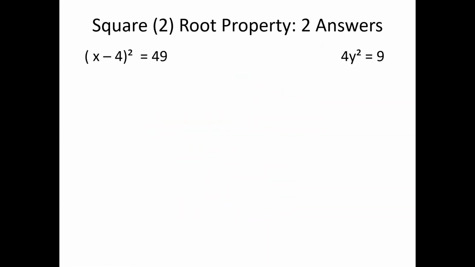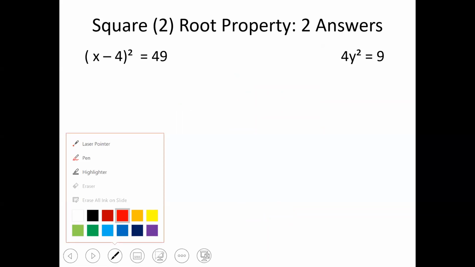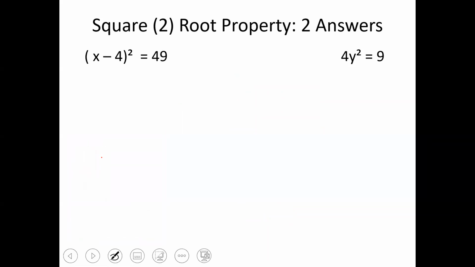So these problems are from our notes that you can get on the Canvas or the Math Lab. All right, so it will say use the square root property to solve these problems. So you take the square root of each side.